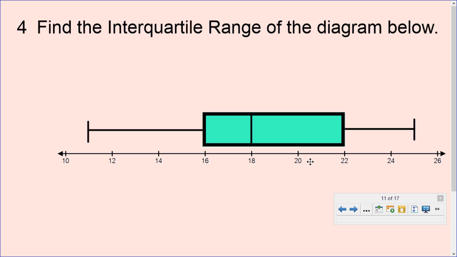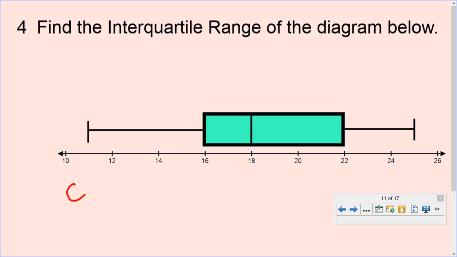So let's find the interquartile range of the diagram below. So here we have a box plot, and now we need to find the interquartile range. Well, if you remember, the interquartile range is the difference between the first and third quartile.